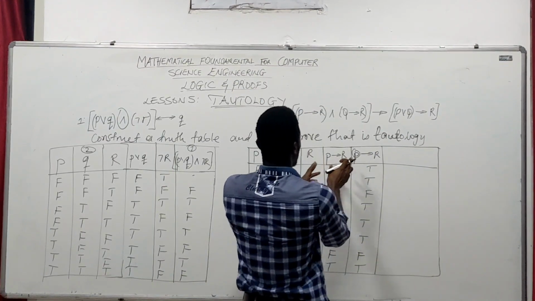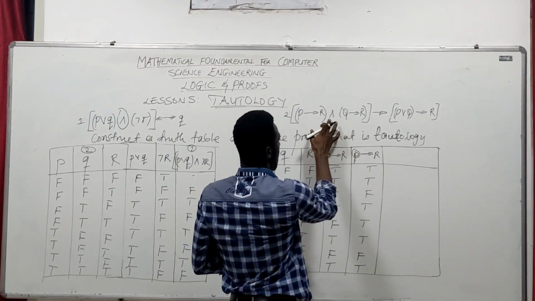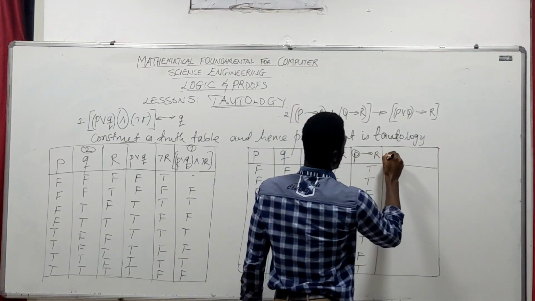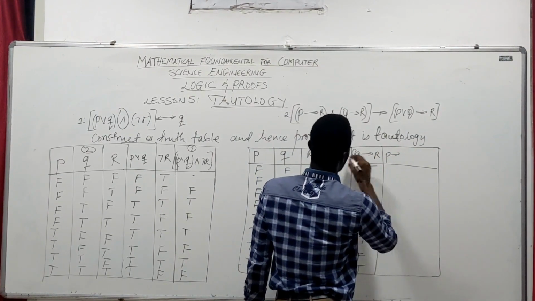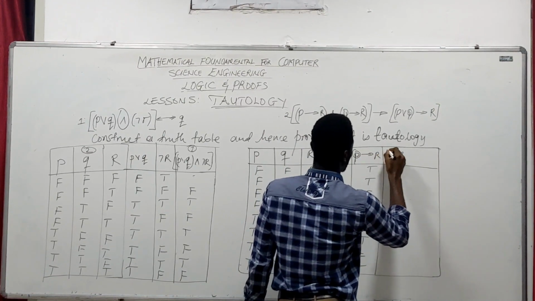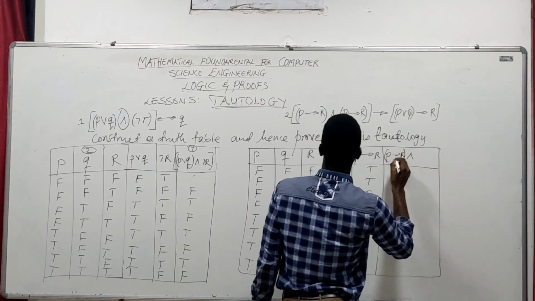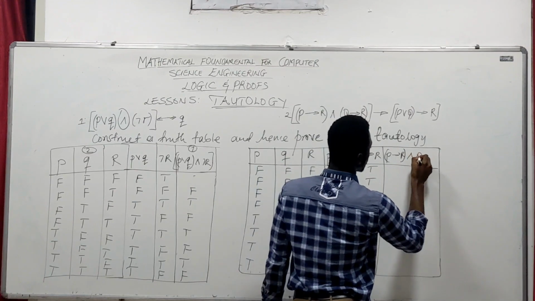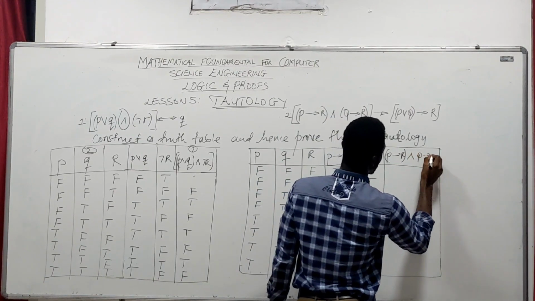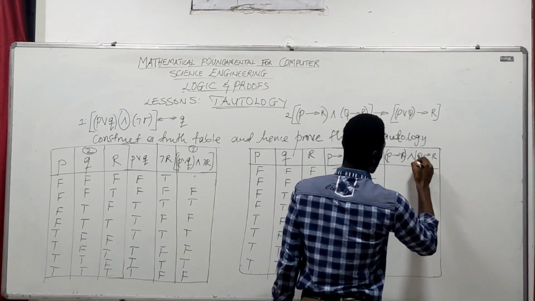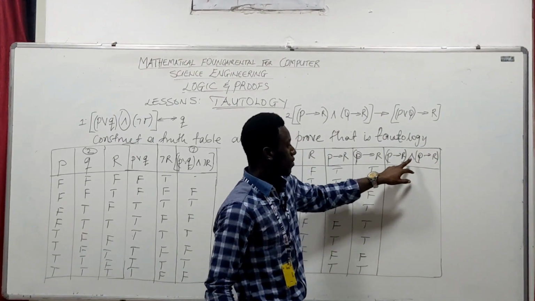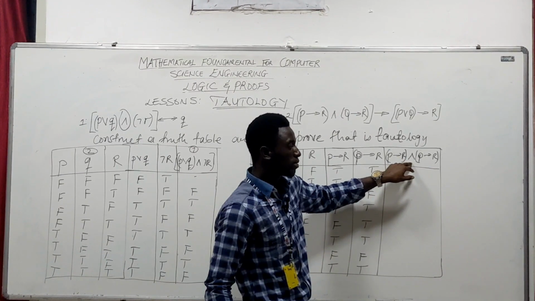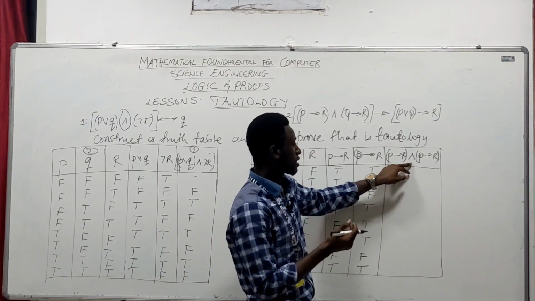So now let's try to combine these two using AND. P implies R and Q implies R. For this AND symbol, we can only have true when both statements are true.